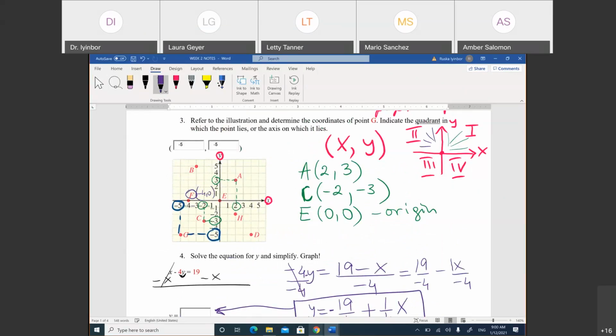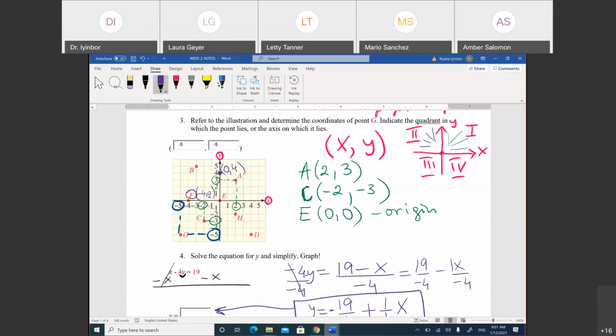So any point on the x-axis is going to have the second coordinate 0. And if I look at any point on the y-axis, the first coordinate is going to be 0. So that's going to be the rule for the x-intercept and y-intercept.